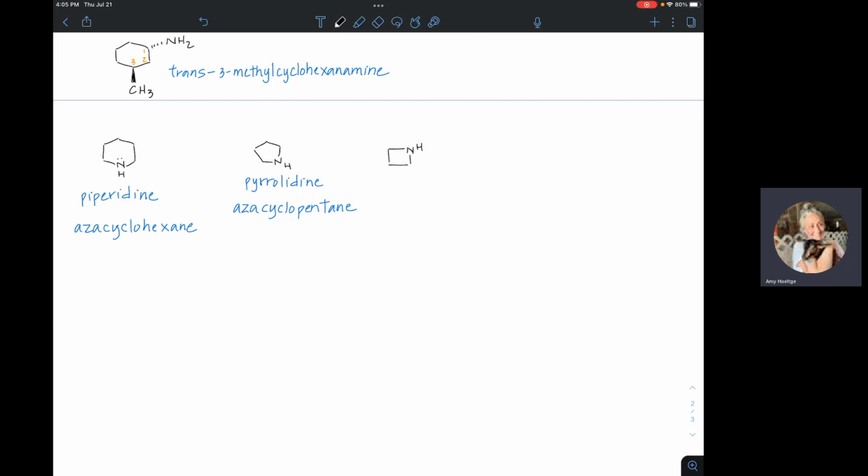So we've got azetidine. That's the common name for that four-membered ring containing the nitrogen. Of course, azacyclobutane would be the systematic name.